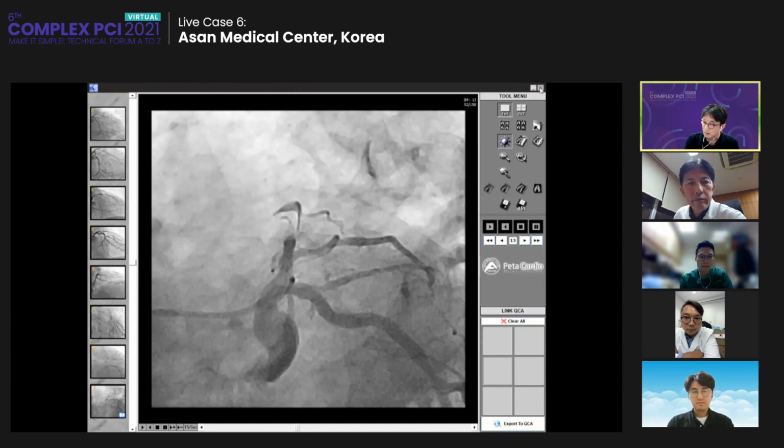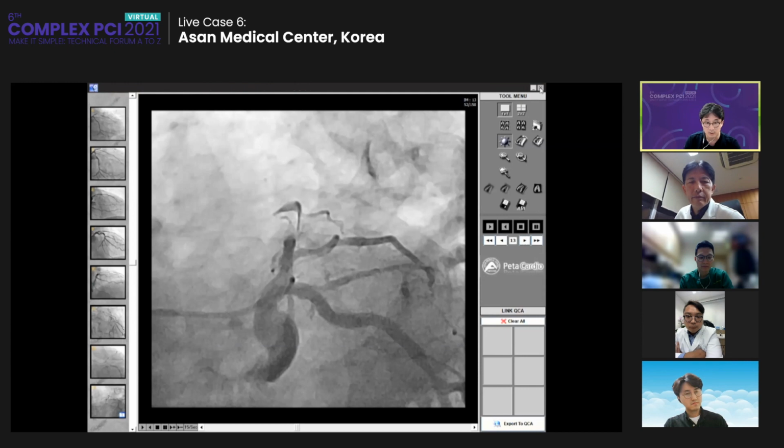Maybe the JCTO score would be about 2 because it's a failed case, and we see some calcification within the CTO, but it's straight, relatively short, and we have several interventional collaterals as candidates for the retrograde approach. So I think we have both options.